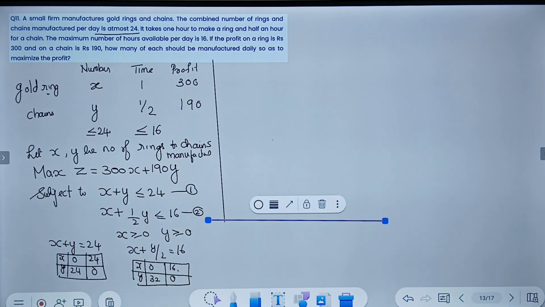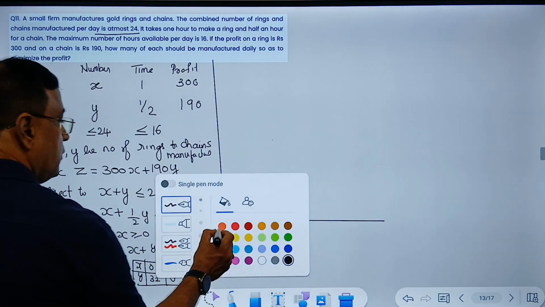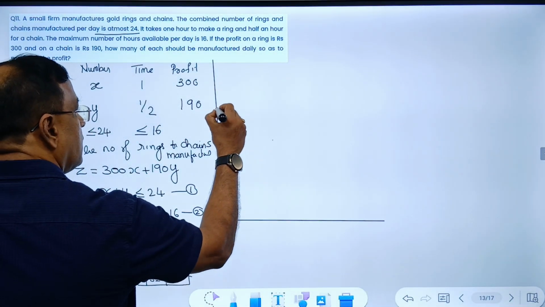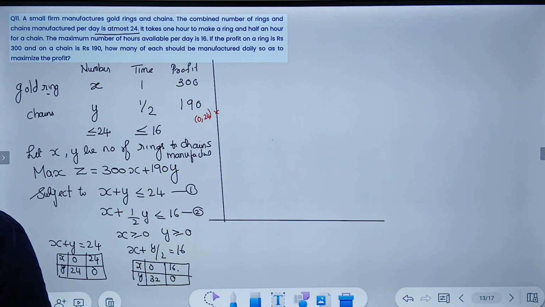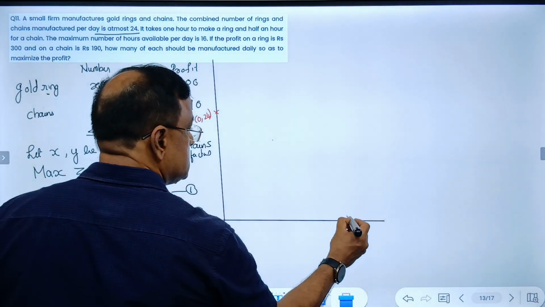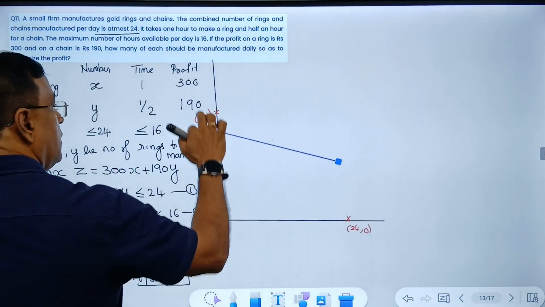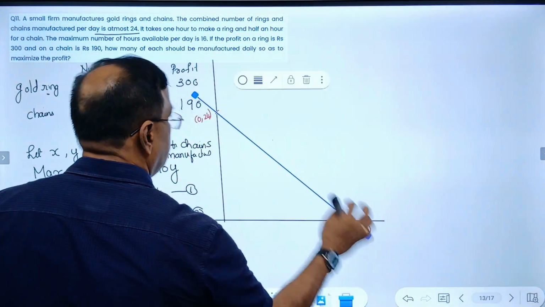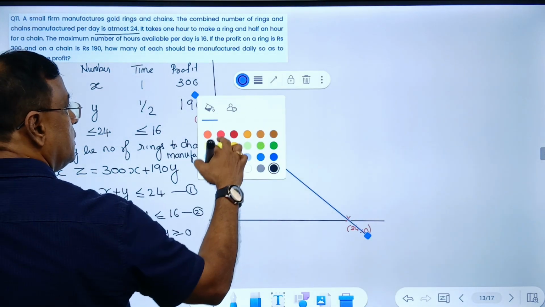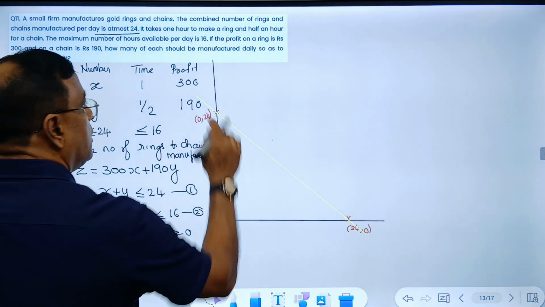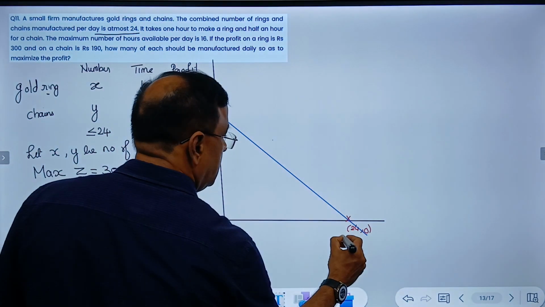Let's plot it. 0, comma 24 is somewhere here, and 24, comma 0 is right here. Now plot the line. I will change the color. Make it blue. So this is x plus y equal to 24.